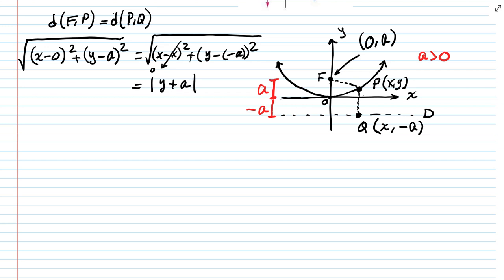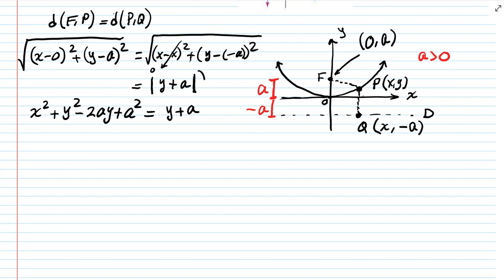Now let's square both sides of this equation, and when we square we get x squared. The y minus a squared on the left side becomes y squared, negative twice first by second, plus second one squared. And squaring, we lose the square roots on both sides, right? And because we're squaring the absolute value, we simply get y plus a squared on the right side. Correct? Again, we squared both sides. Now, let's take a look at this one. Can we cancel anything?